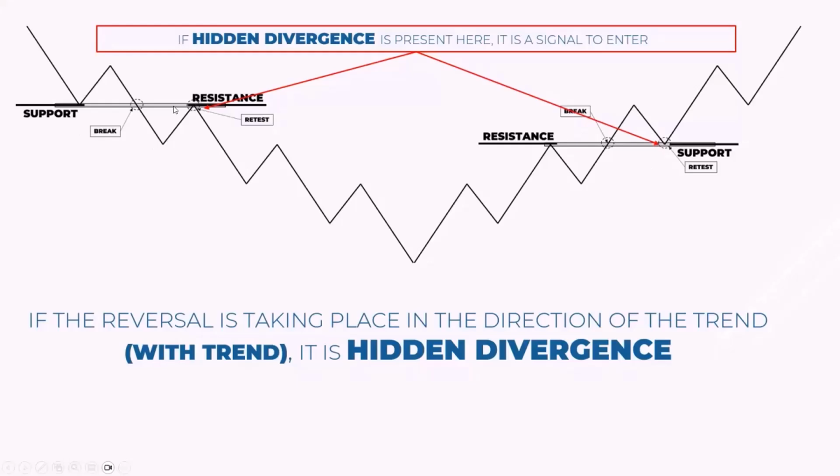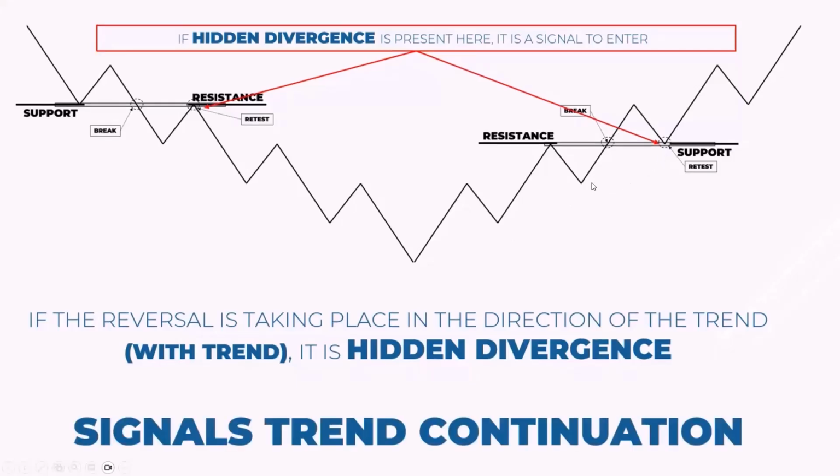You're usually going to find that confluence at hidden divergence. And then you're usually going to find a trend line coming up right through that area. So there's going to be a lot of confluence there, and all it is, is a signal to tell you that the trend is going to continue at this area.